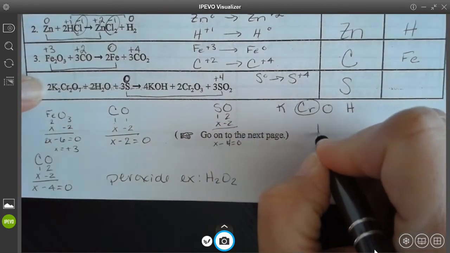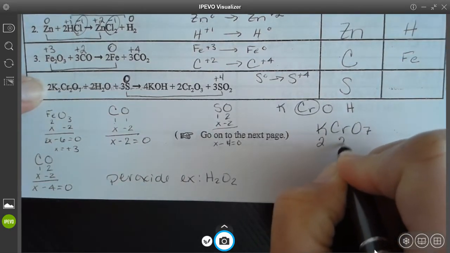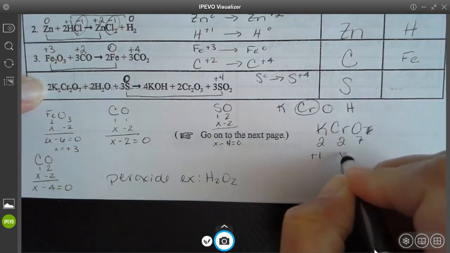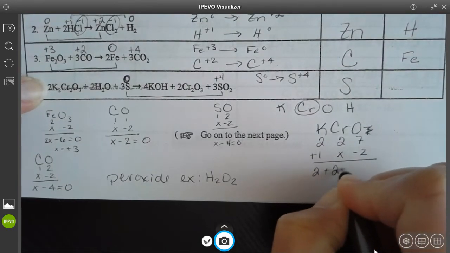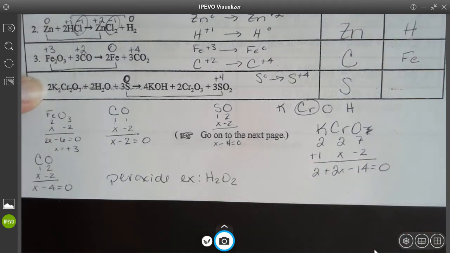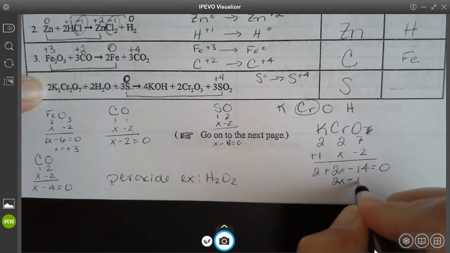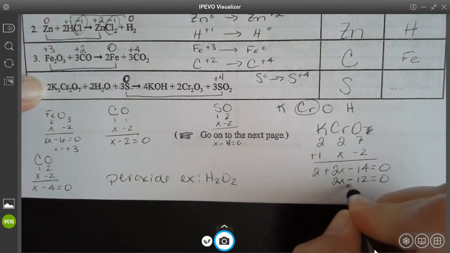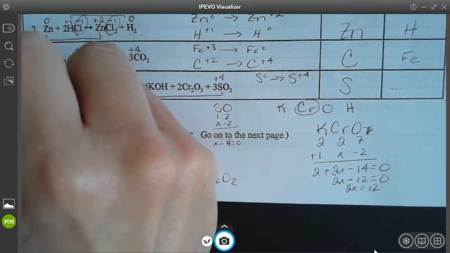So let's take a look. K2Cr2O7. I've got 2, write that 7 down low. Got a +1, X, and a -2. 2 plus 2x minus 14, as I'm starting to lose my voice here. Excuse me. 2x minus 12 equals 0. Keep going. 2x equals 12. This chromium is going to be a +6.